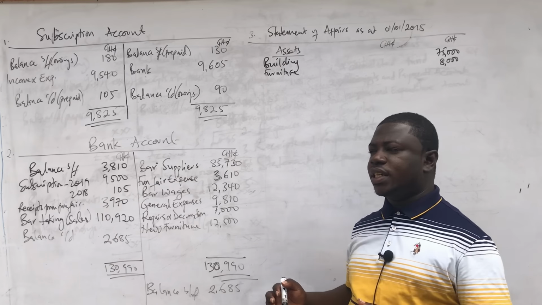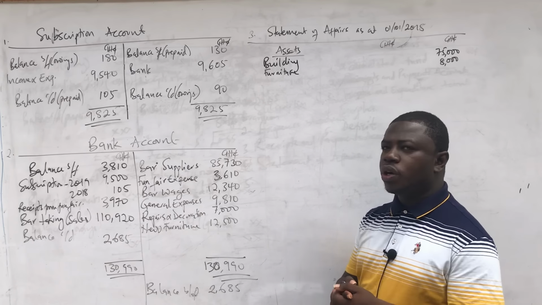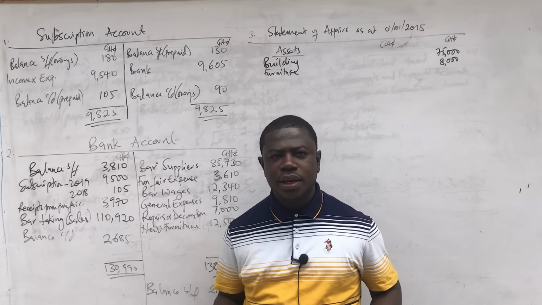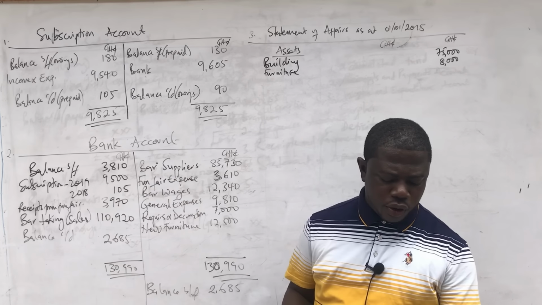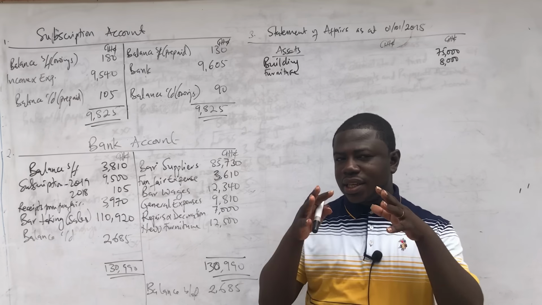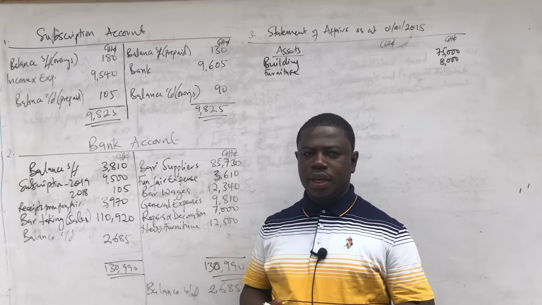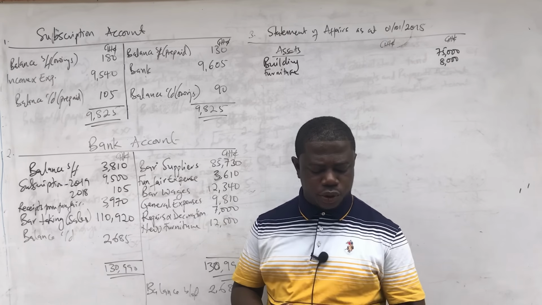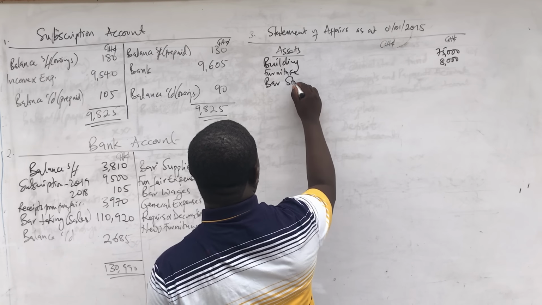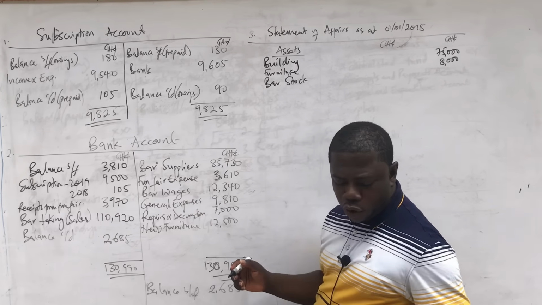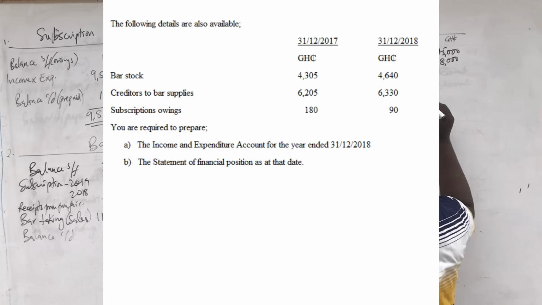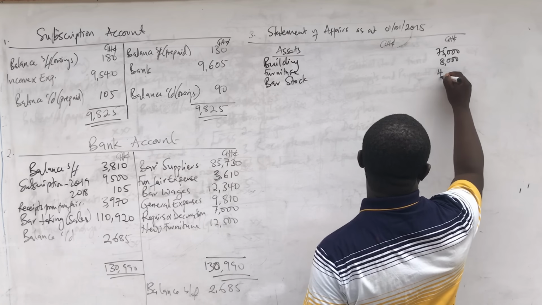Now, with the current assets, in the order of liquidity, we usually go by stock before receivables in that order, and then cash and bank. Now, over here, there was a stock that is for the bar, and it is an asset for the club. So we will put our bar stock because it's an asset, and we are picking only the opening balance for bar stock, which is 4,305.